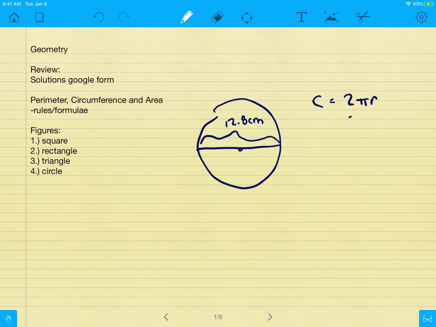If you rearrange these, 2r times pi, that is diameter times pi. That's 2r's, we talked about that in class. So diameter, in my case, is the 12.8, and we take that times pi. If you take 12.8 times pi in a calculator, I got 40.21, and this would be centimeters.